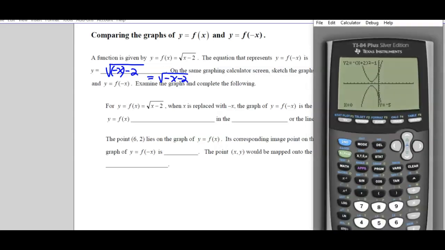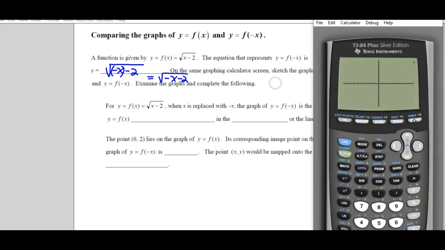So clear your calculator. Go to y equals, clear, and then enter square root x minus 2, and then square root negative x minus 2.